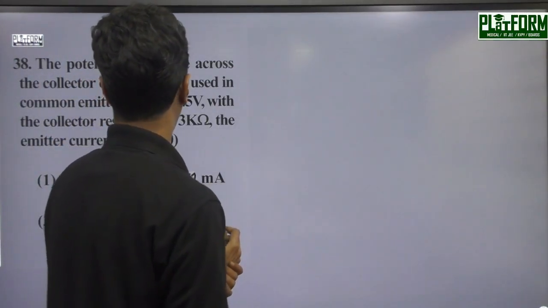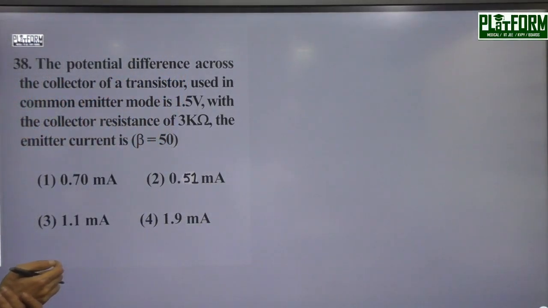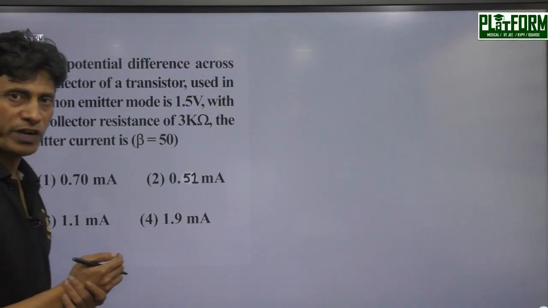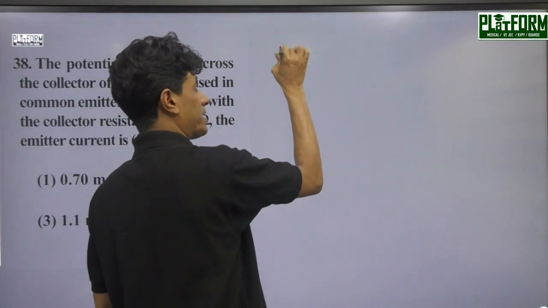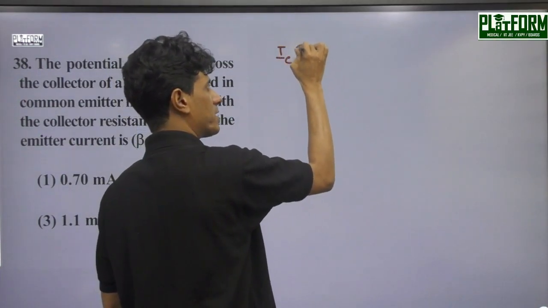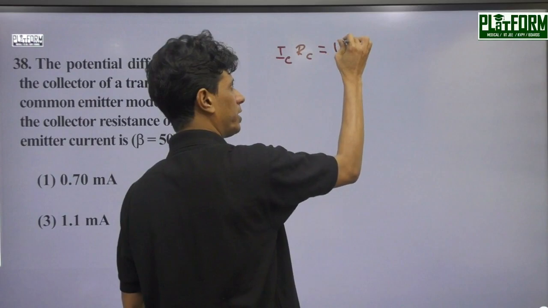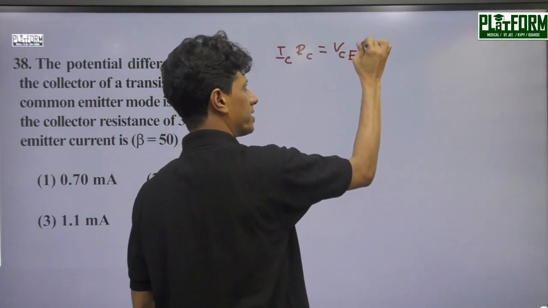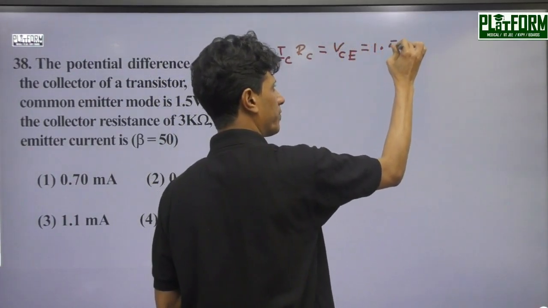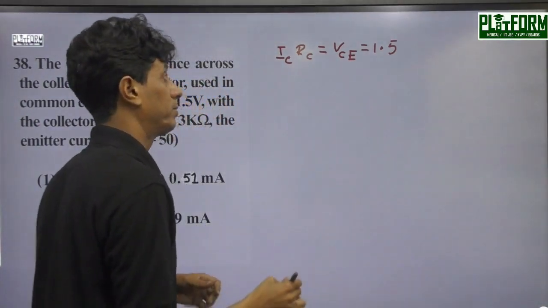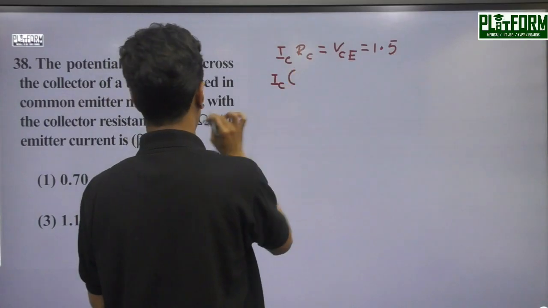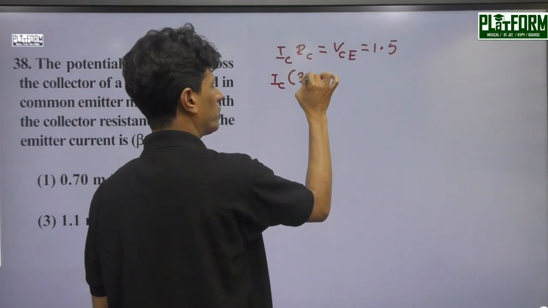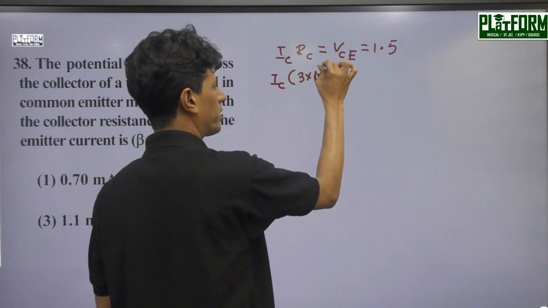Potential difference across the collector of a transistor used in common emitter mode is 1.5 volt. So IC RC equals VCE, which is given as 1.5 volt in the problem, and the resistance given in the problem is 3 into 10 to the power 3.